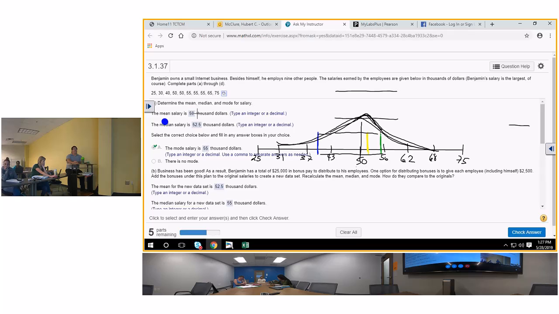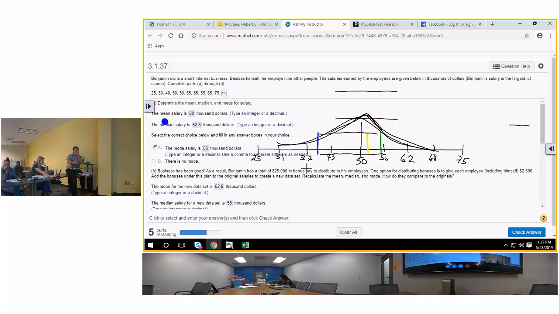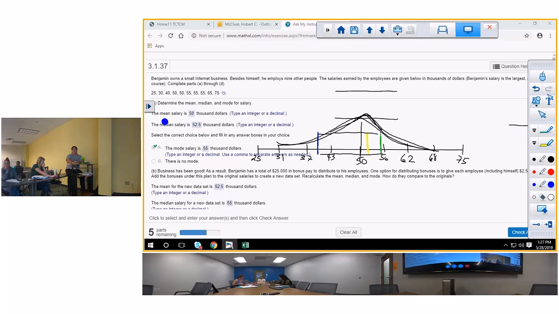So that's 50. The median is 52.5. Select the mode salary, what did we say the mode was? Mode is 55. I don't know why they're asking you for the same thing again. Looks like to me they're just repeating themselves, which a lot of these questions do.